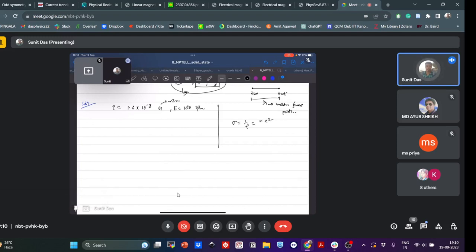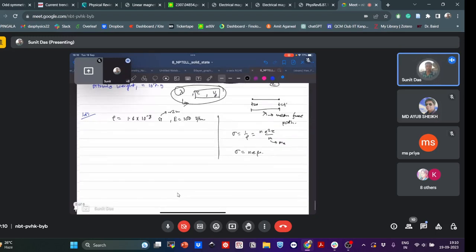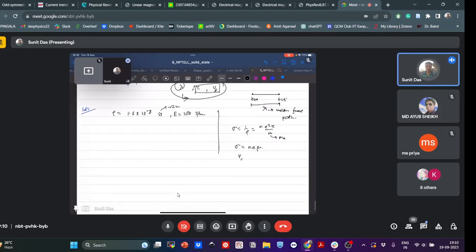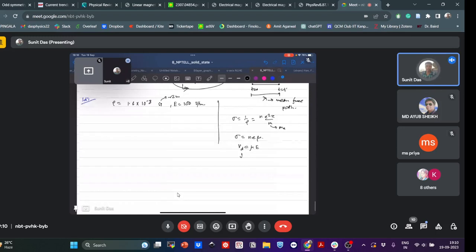So we have sigma equal to n e squared tau by m, and given m is basically me. This is one relation. Then there is another relation, n e mu, mobility, but there is no mention of the mobility, although we need to find drift velocity. So Vd is mobility into electric field. And is there any other equation? So J equal to sigma E, right? So these are mainly the four equations we will use.